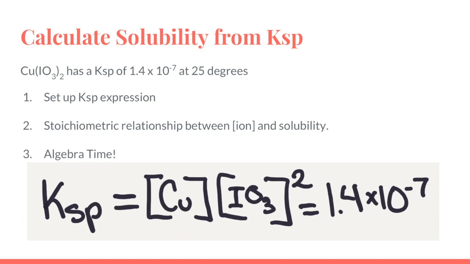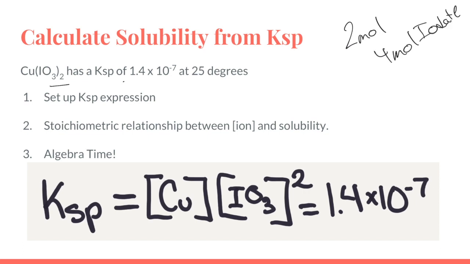And what it's going to be is the stoichiometric relationship between the ion concentration and the solubility, which really means that if I add 2 moles of copper iodate, that means I'm going to get 4 moles of the iodate, right?